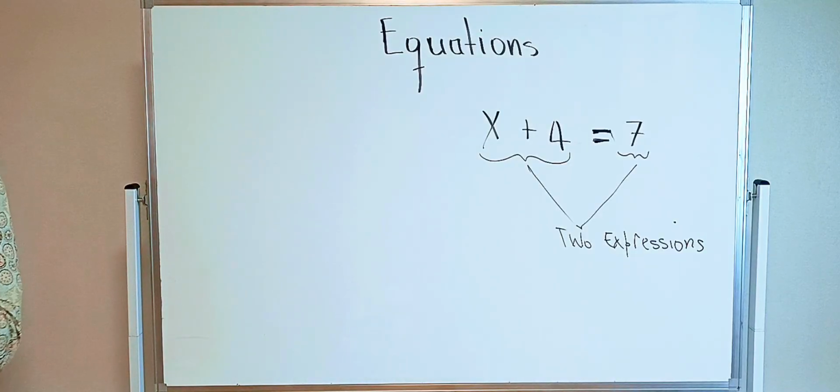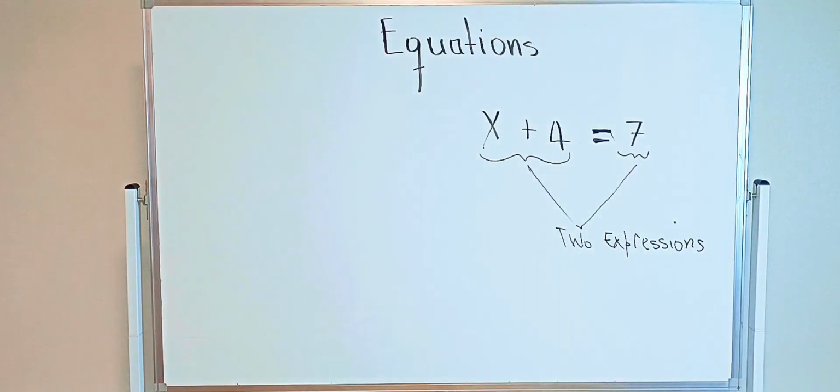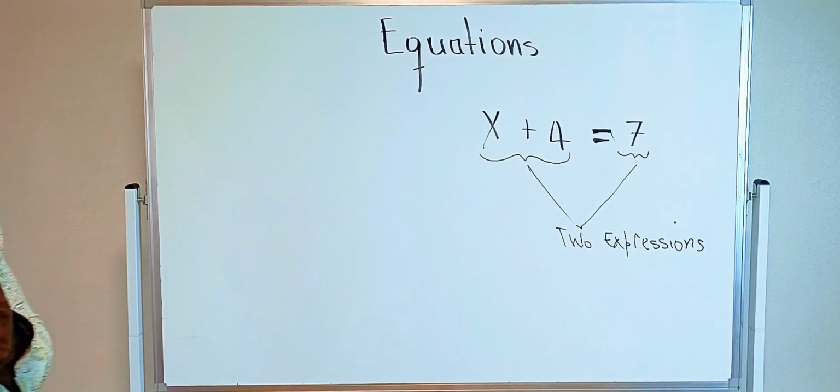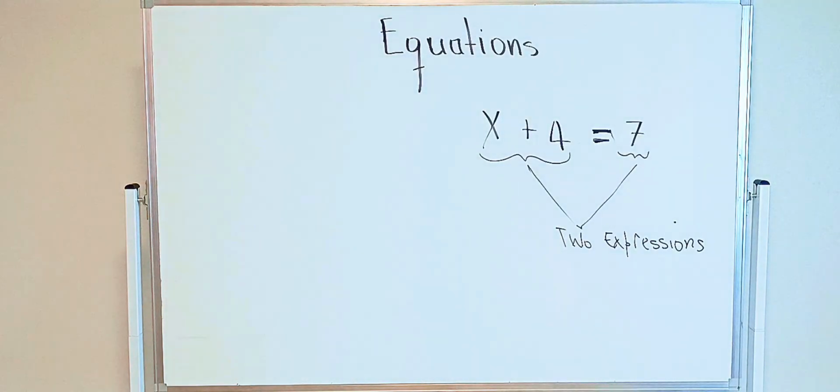An equation is a mathematical statement that uses the equal sign to show that two expressions are equal. In algebra, an equation usually contains an unknown number or an unknown value.